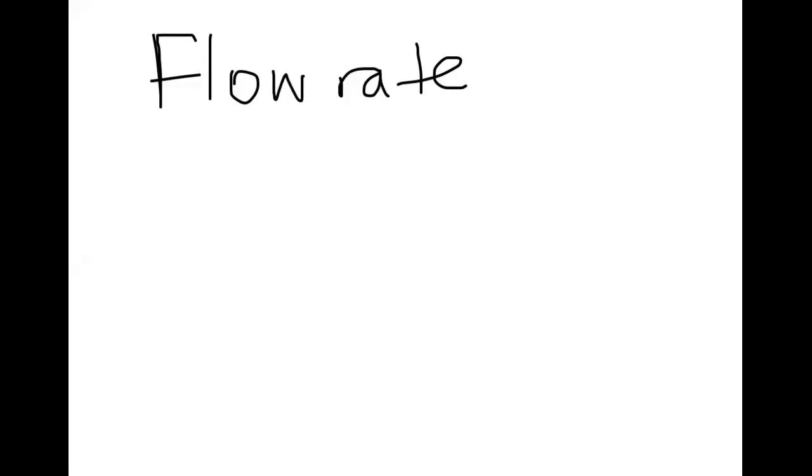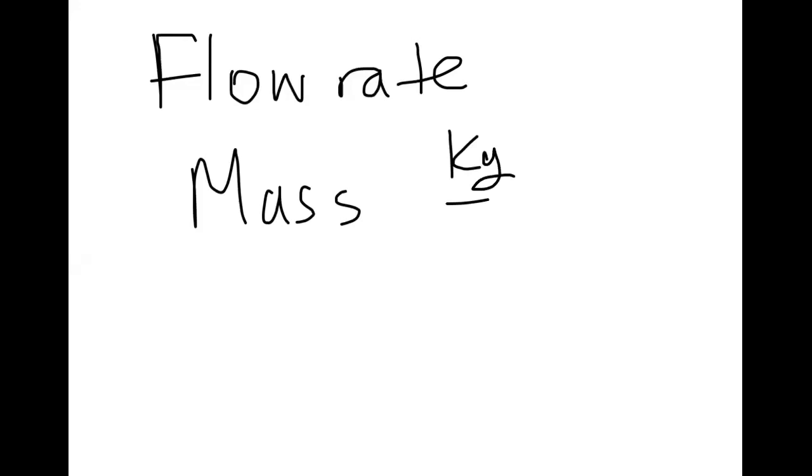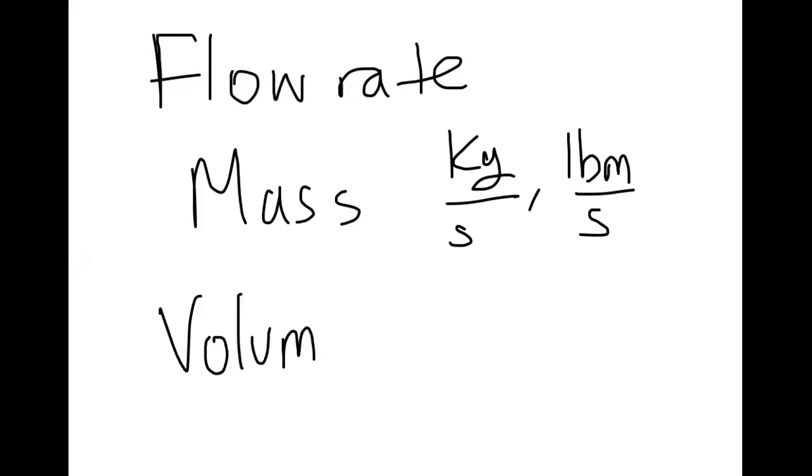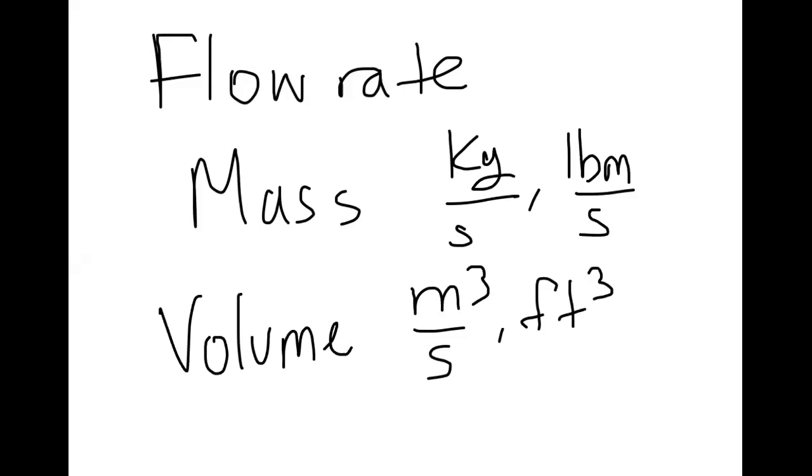We also know variables that are actually flow rates, and we have the mass flow rate, so that's the amount of mass, kilograms, per unit time, let's say seconds, or pound mass per second, or per minute, while the volumetric flow rate is the amount of cubic meters per second, or of cubic feet per second, or any given volume per unit time.